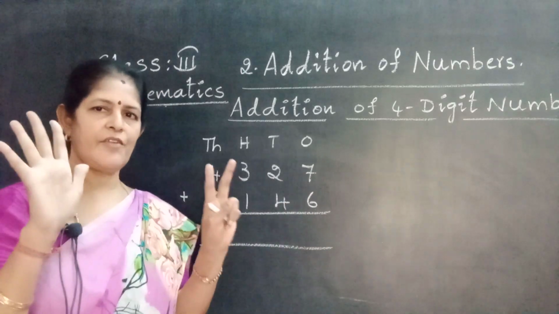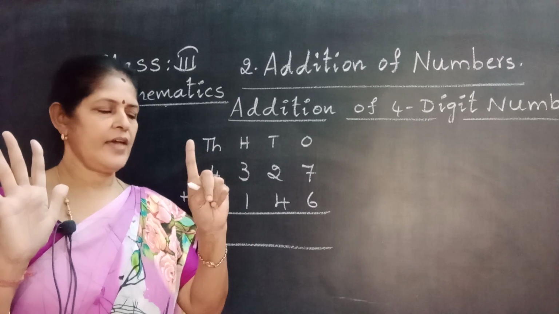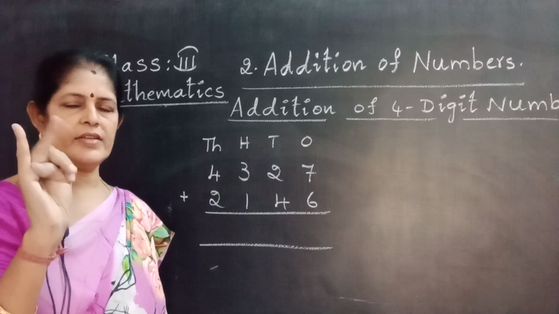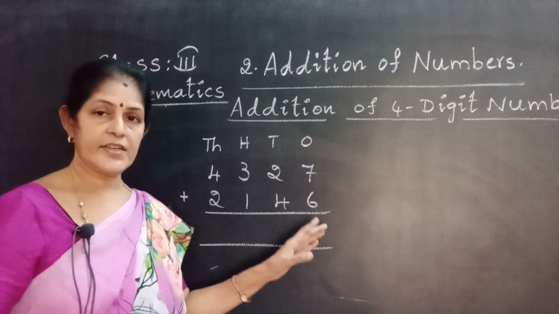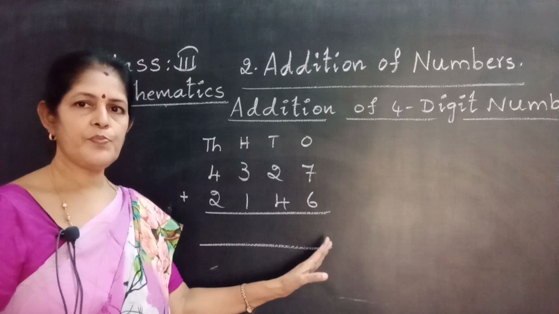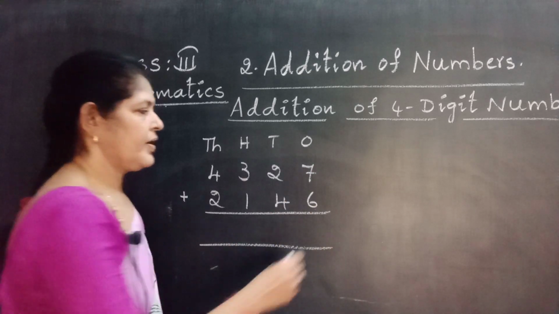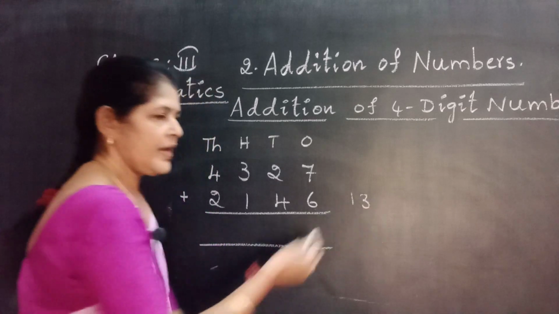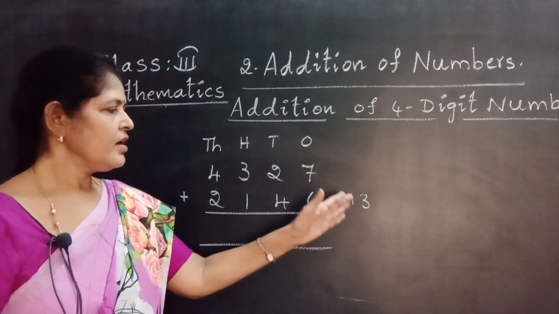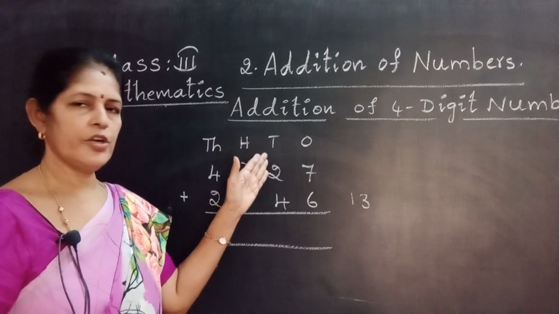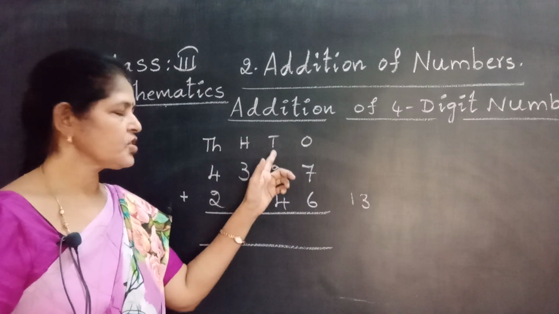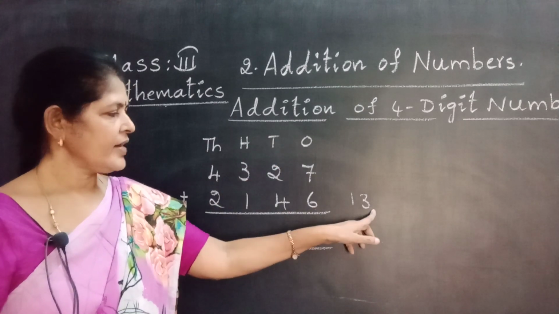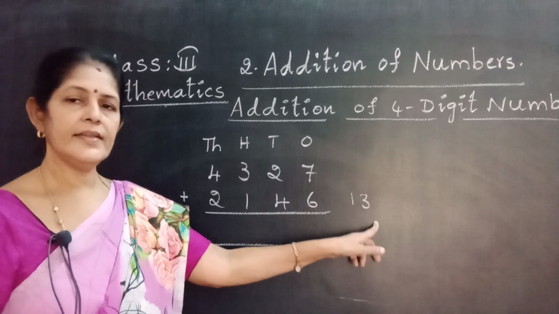Take 7 fingers, 6 after 7, 8, 9, 10, 11, 12, 13. 13 is a 2-digit number. In the ones place, we get a 2-digit number. That means we split the number. Split the number means 1 carries forward to the left side column, that is the tens column. Ones, tens: 1 ten, 3 ones.